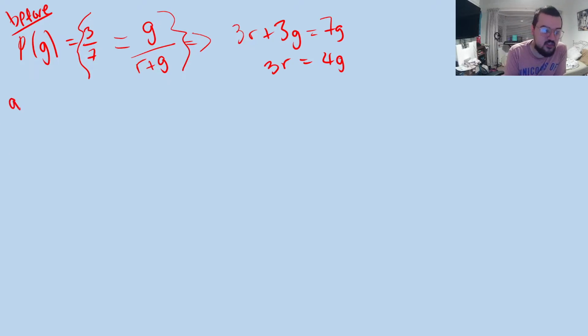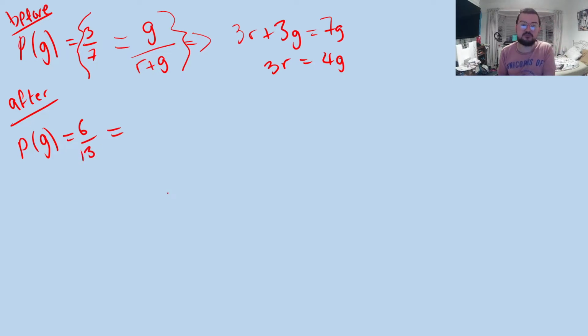We have an after as well. This is the before. Then we know that 2 red counters and 3 green counters are added. So the new probability of G is 6/13. And algebraically we express this as, okay, so how many counters are there in the bag?